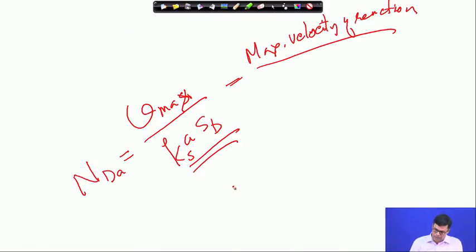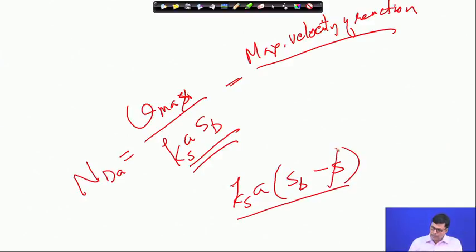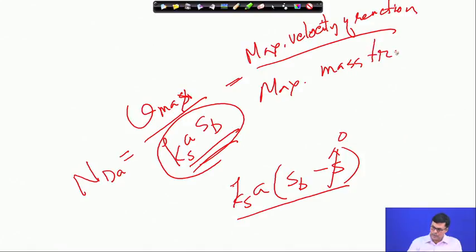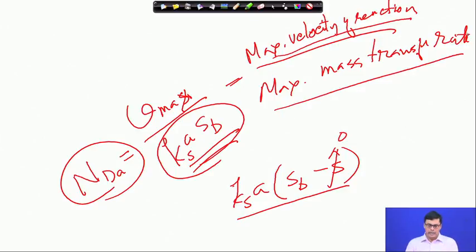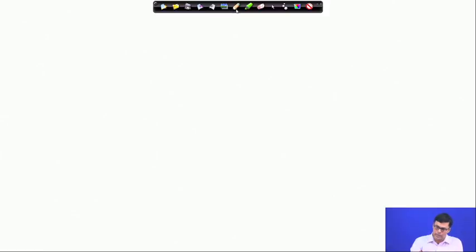The rate of mass transfer equals Ks A (Sb minus S), and it will be maximum when S is equal to 0. So this is the maximum mass transfer rate. So the Damkohler number is nothing but the ratio between the maximum velocity of reaction and the maximum mass transfer rate. That is how we can define it.